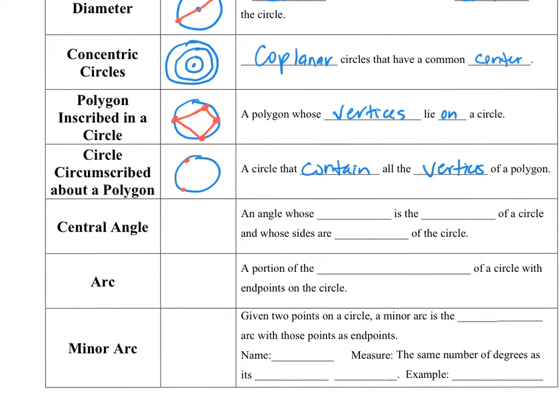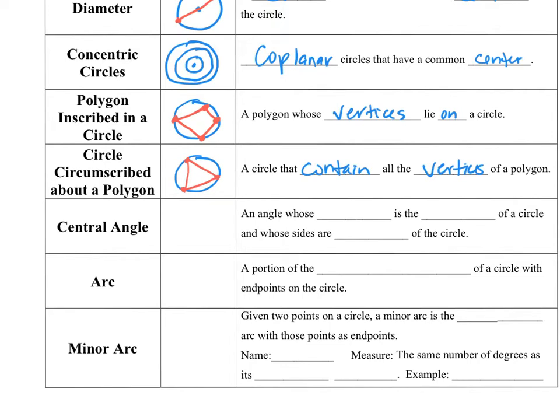It could be any polygon, but I'm just drawing a triangle. Notice that this circle contains every vertex. So we would say that the circle is circumscribed about the triangle. If we were talking about the triangle, then we would say that the triangle is inscribed in the circle.